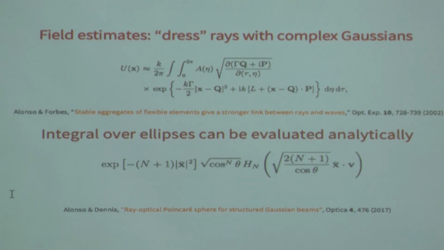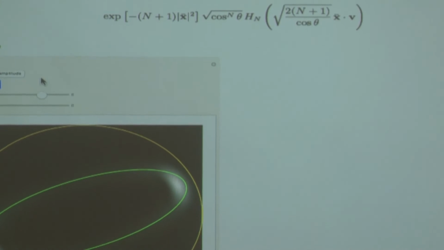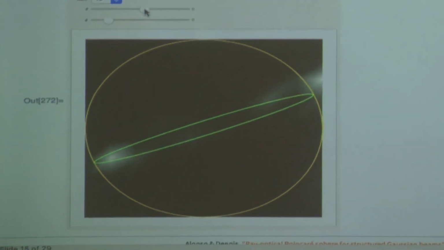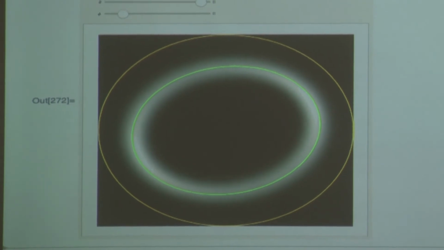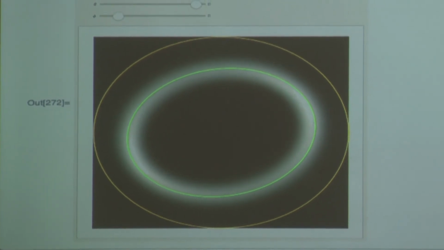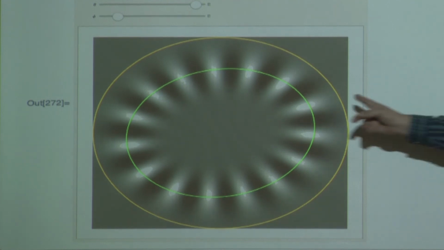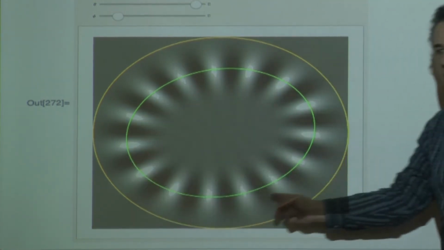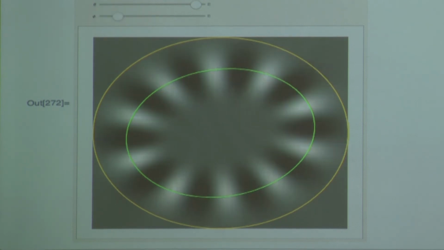So what these coherent states look like is they mimic the shape of the ellipse. That's the intensity, and that's the real part. So n is the order, and n corresponds to how many times the phase goes around here. So I have that variable here. So if I make this 10, yeah.